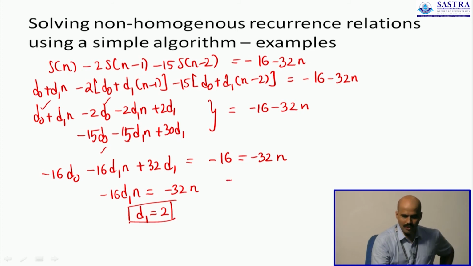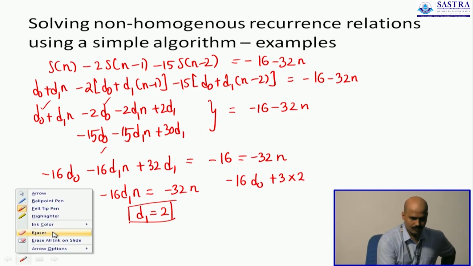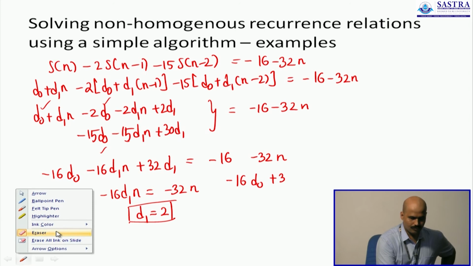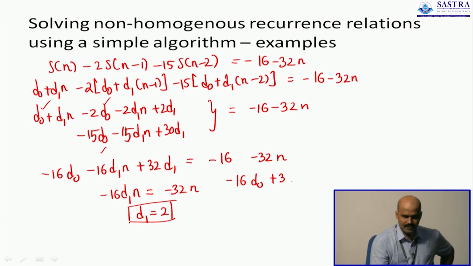If d1 is 2, let us equate the constants. Minus 16 d naught plus 32 into 2 is going to give us the constant on the right, that is minus 16.